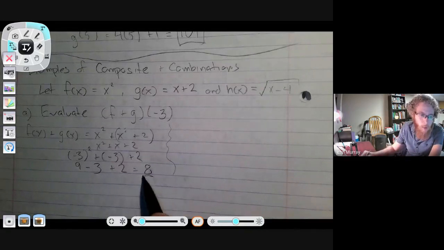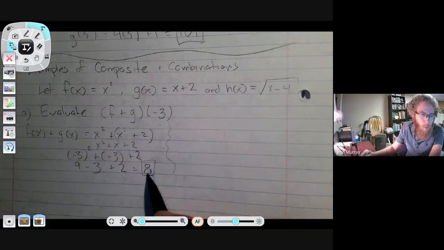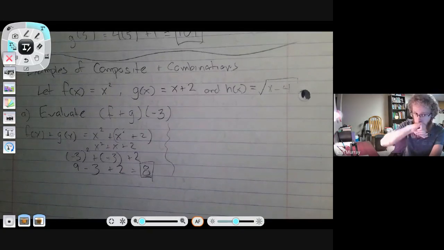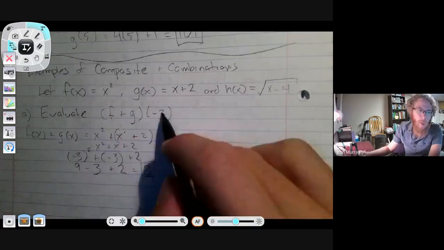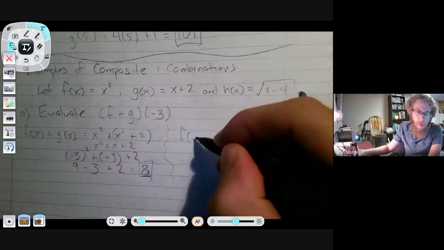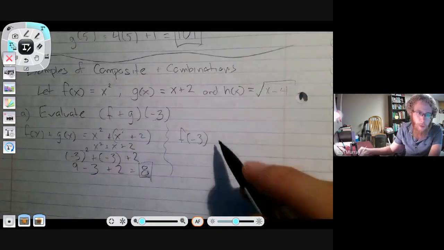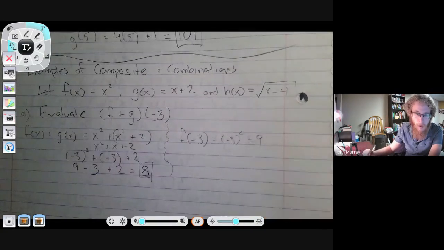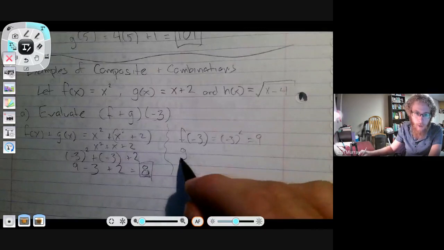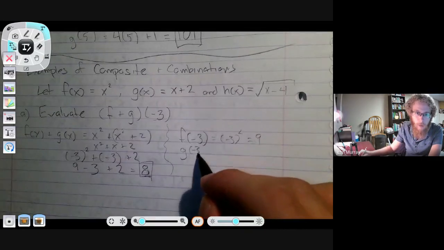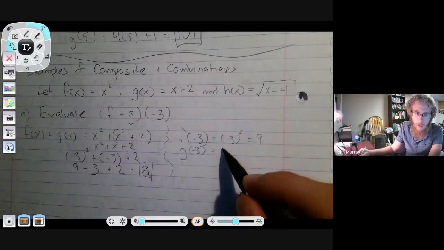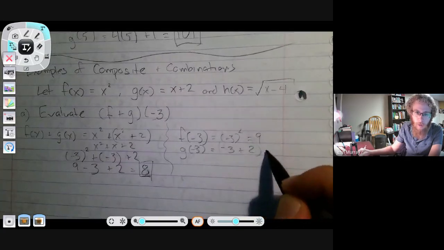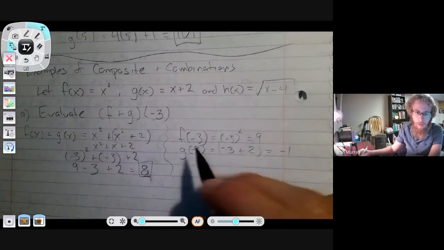Okay, so that was one way that you can do it. We're going to do it another way. Hopefully we end up with the 8. The other way you can do it is you can do them separately. You can find f of -3. That's just going to be -3 squared, which is 9. I could find g of -3, which would be -3 plus 2, which would be -1.